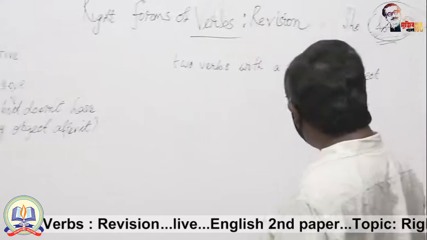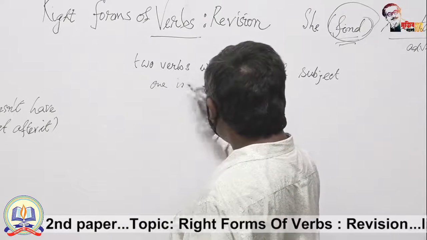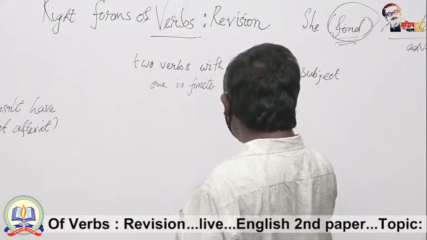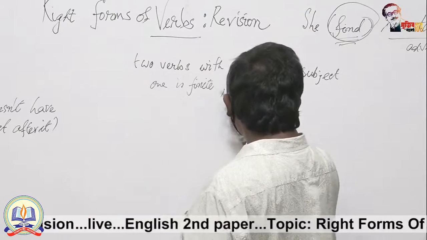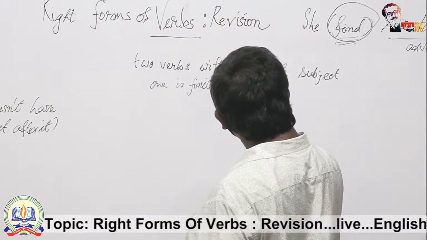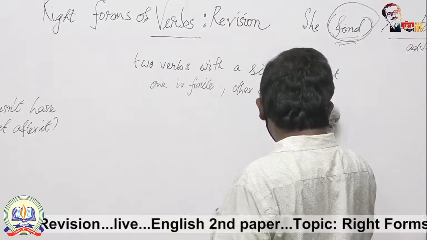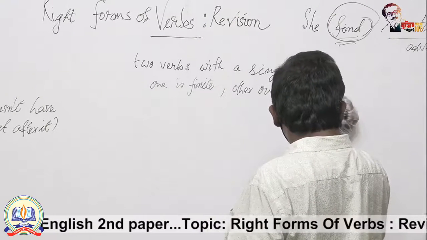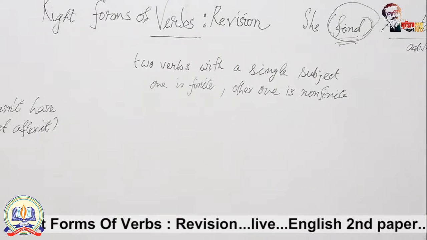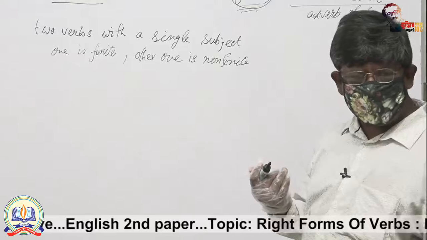One of the verbs is finite and the other one is non-finite. So, these are the theoretical approach to learning how to write the right forms of verbs.